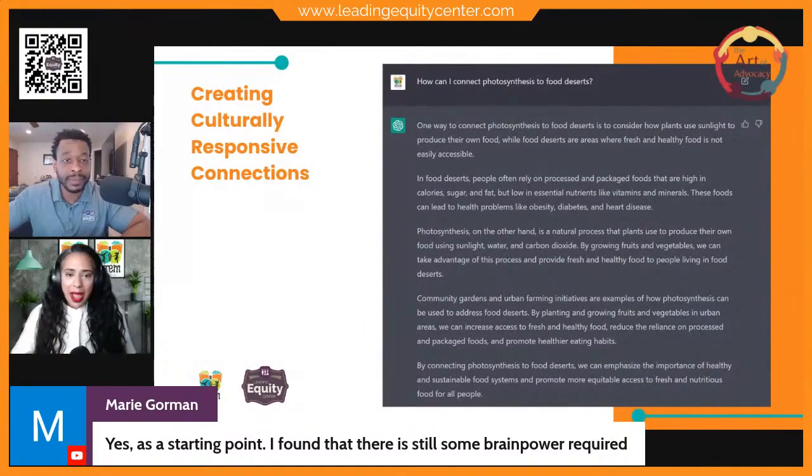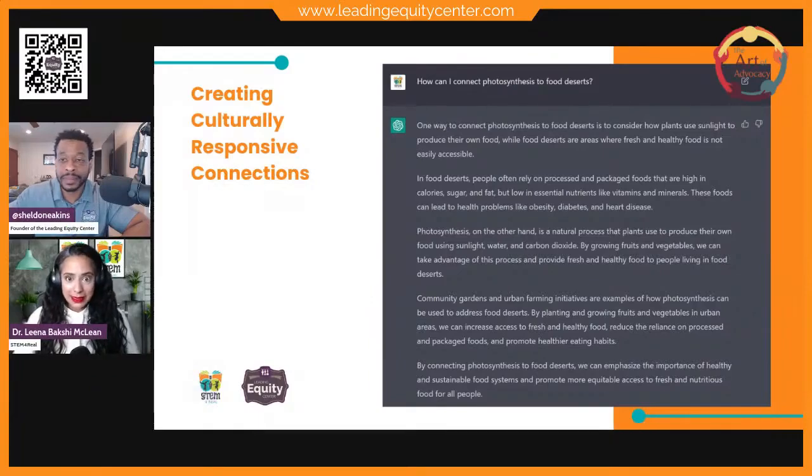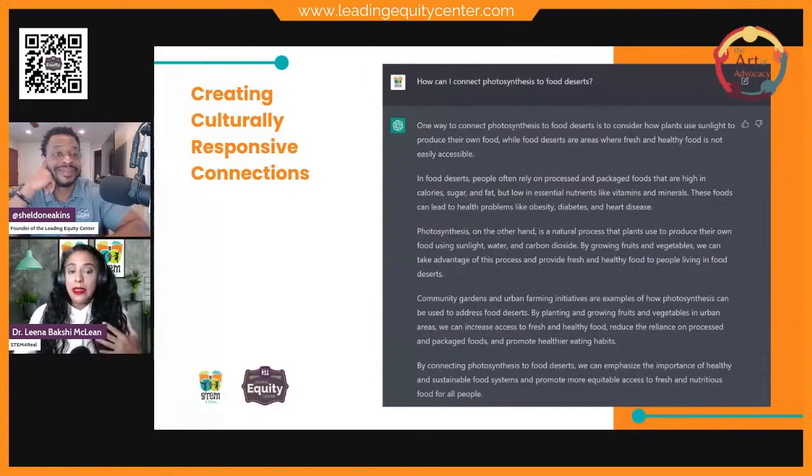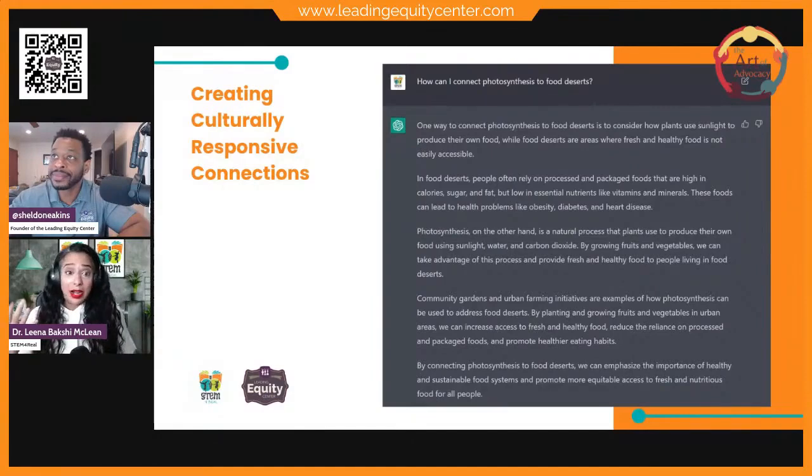Exactly. So let's say you have a topic and it's on photosynthesis. And now you want to drill down into the cultural responsiveness. So you teach in a community, let's say, oh, look, Hollister, California. That's a farming community, but there also might be food deserts too, where there are droughts and there are issues with the food supply chain.